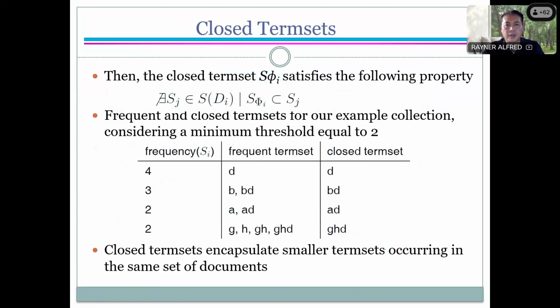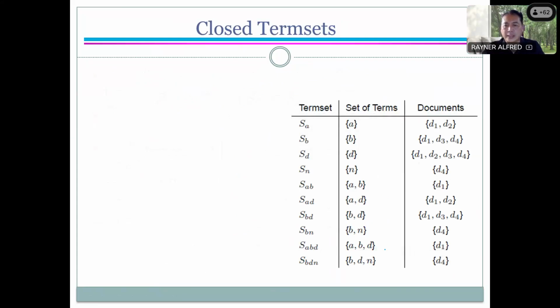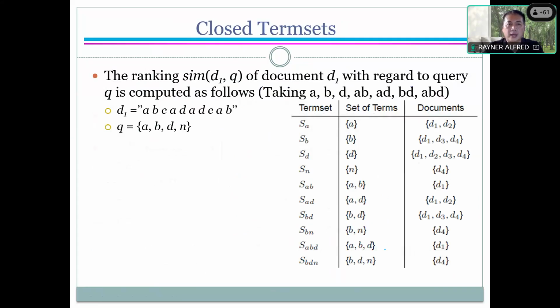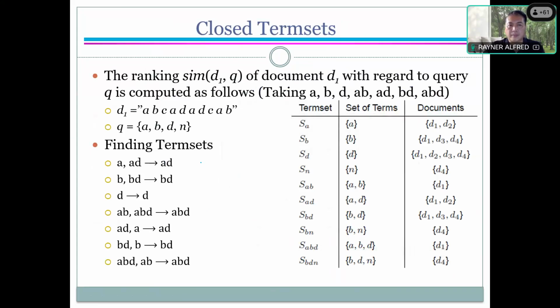Okay. So we go back to this example again. Let's suppose this is our condition, our Q. So how do we generate this term set is that we look at this document.